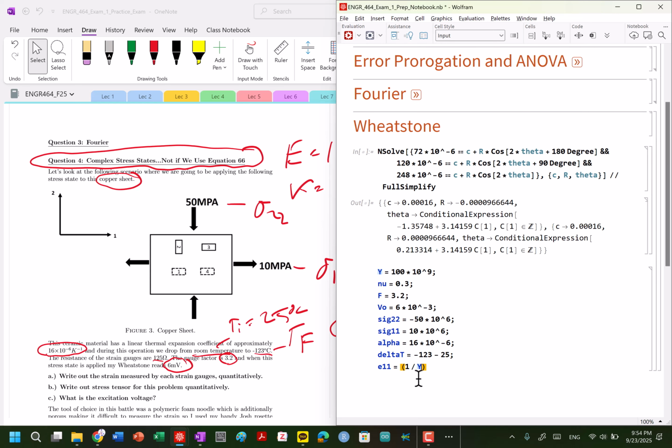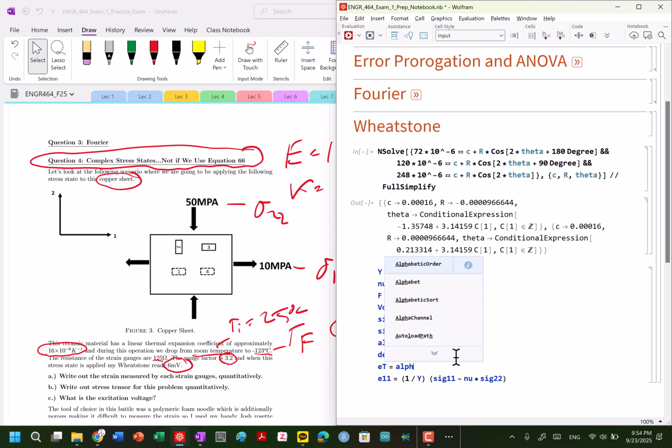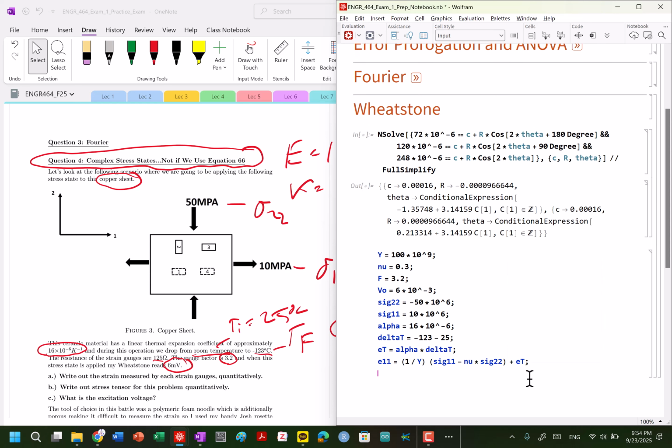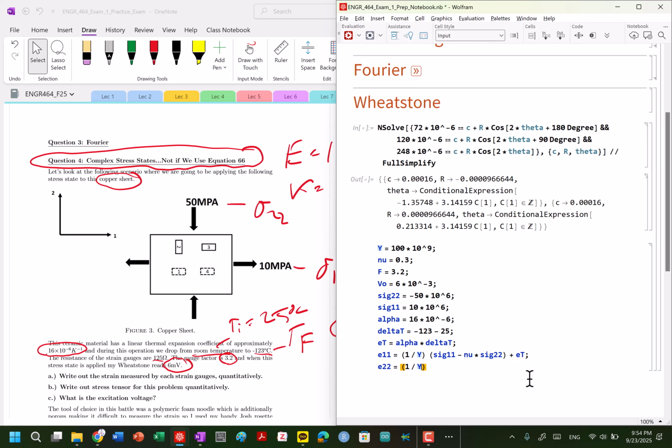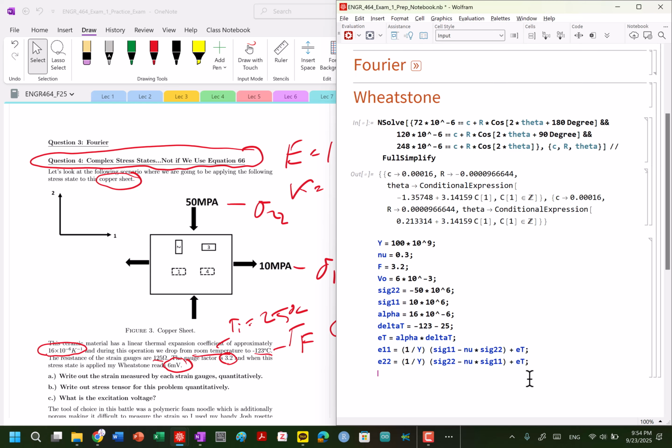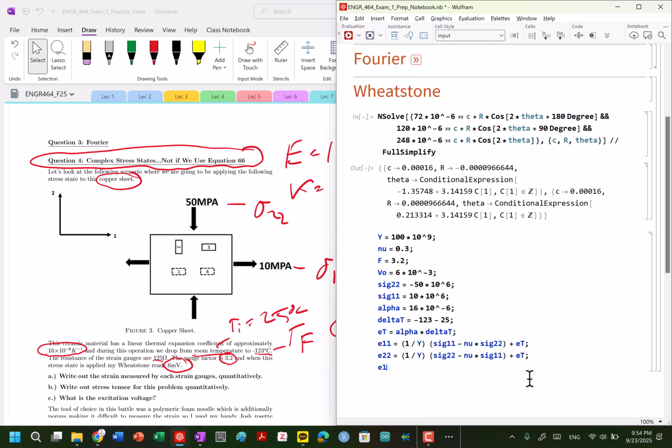E11 is equal to 1 divided by Y times sigma 11 minus nu times sigma 22, plus epsilon T, where I'm going to call epsilon T equal to alpha times delta T. E22 equals 1 divided by Y, sigma 22 minus nu times sigma 11, plus epsilon T. And we know for this problem, my strain gauge in the one direction, even though it's on the bottom, is going to be measuring the strain equals E11.